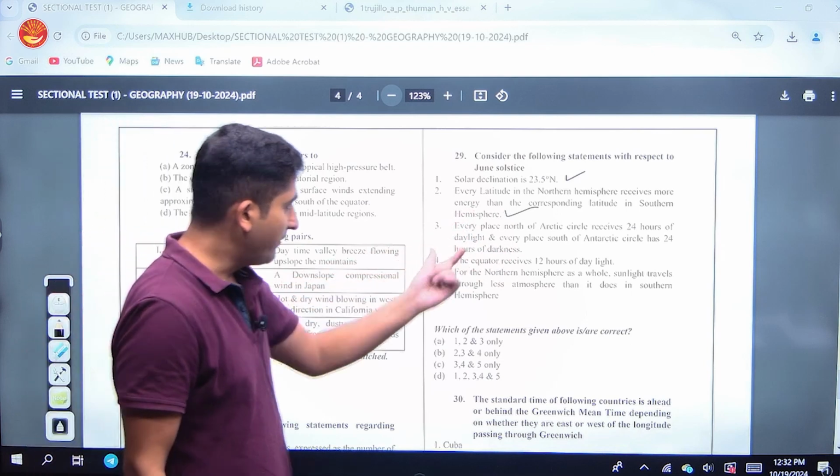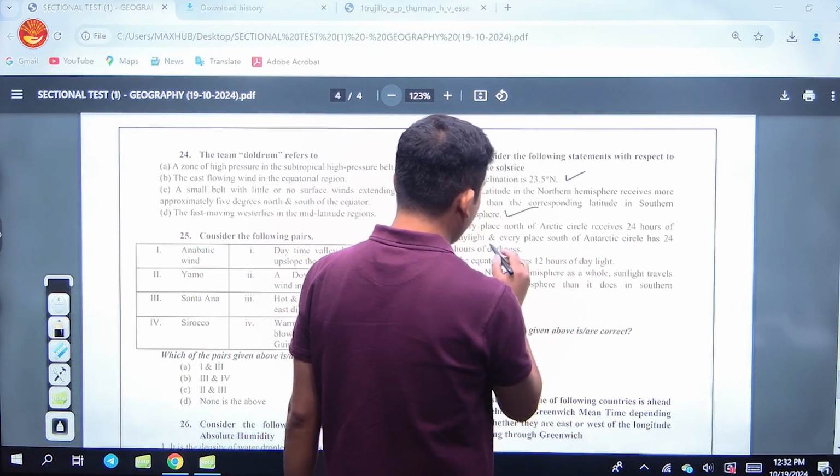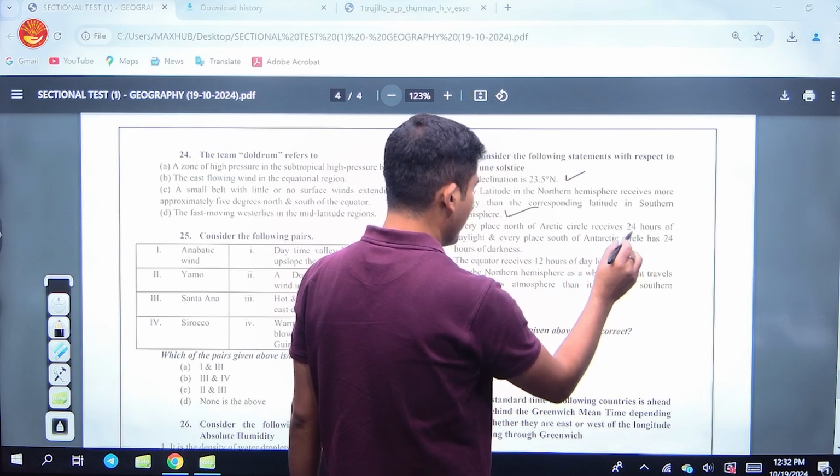Every place north of Arctic Circle receives 24 hours of daylight, and every place south of Antarctic Circle has 24 hours of darkness.